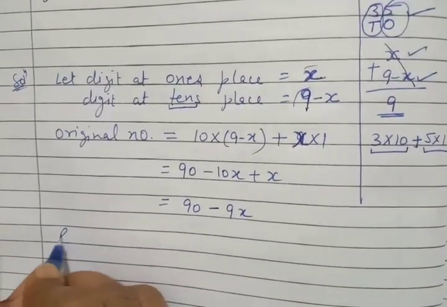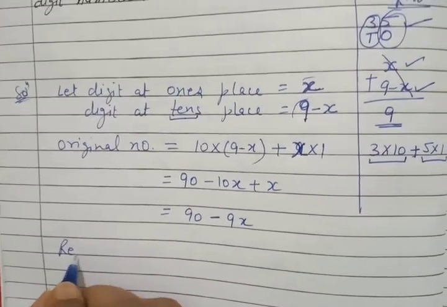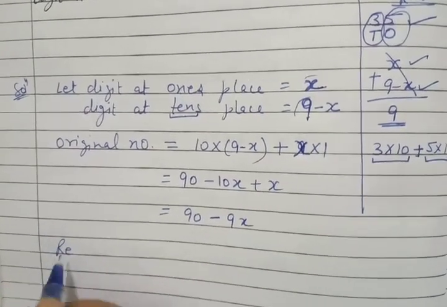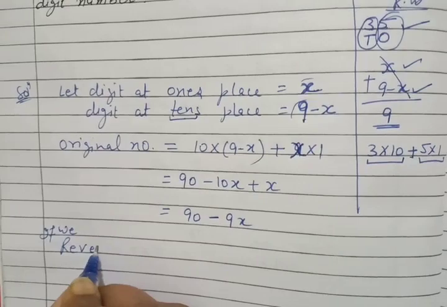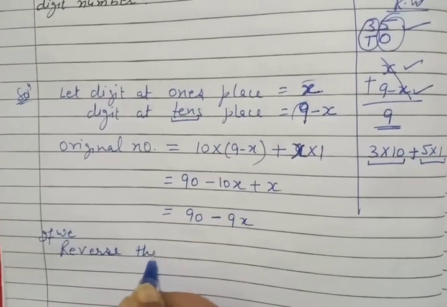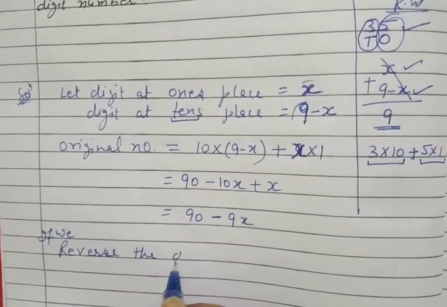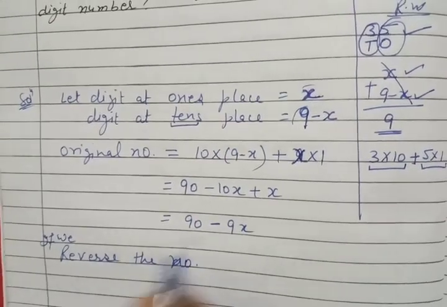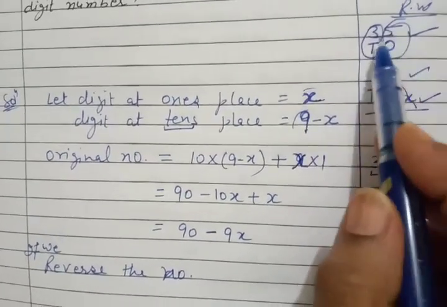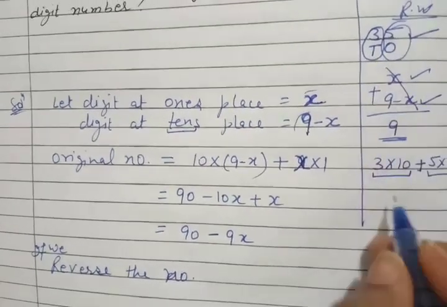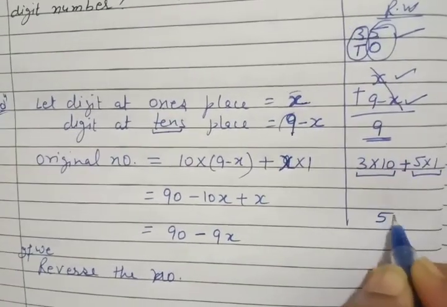Now next is reversed. If we reverse the number, if it is 35, then it will become 53.